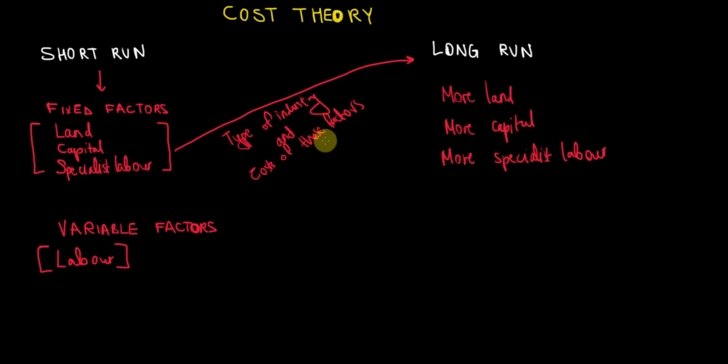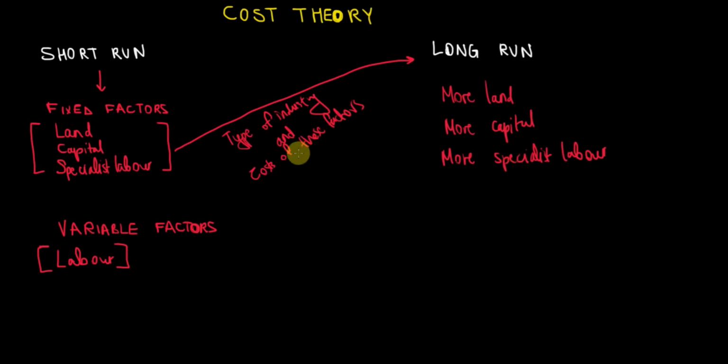If we need super expensive, very refined capital in order to produce our goods, then we might need a long time to create enough profit so that we can buy that capital. And the same logic applies to specialist labor. If the labor that we want to hire is super scarce and they demand high wages, we need a large amount of money in order to hire additional specialist labor.